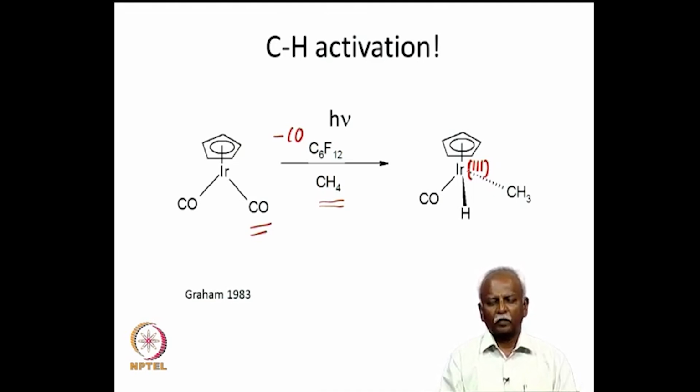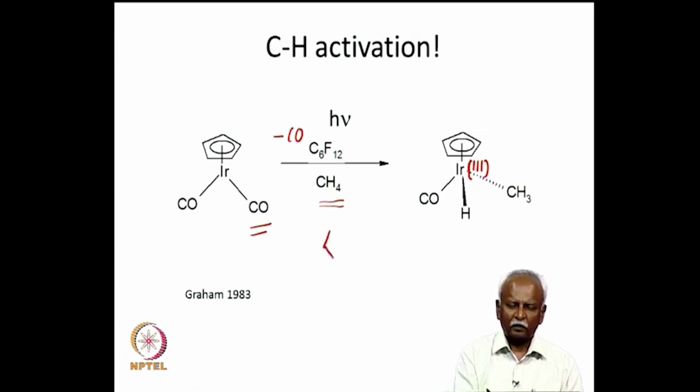So, you have several cases where you can have oxidative addition of bonds which are not polarized and bonds which are quite strong. They are broken up by the metal because you have a vacant coordination site, and in this particular instance the intermediate would be as follows. This is an iridium(I) carbonyl complex.